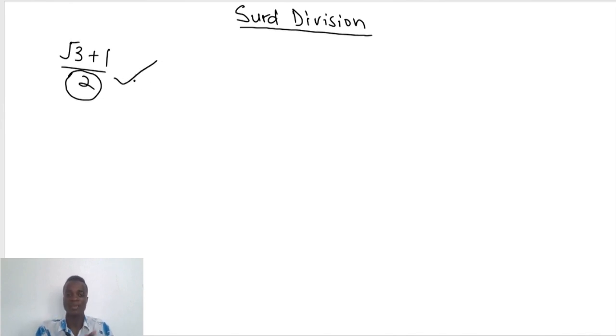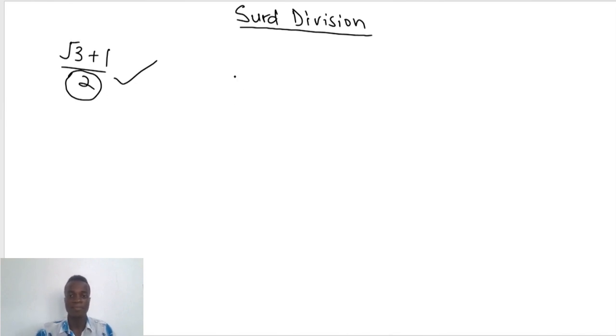We don't do anything much on this one. If there's any simplification that needs to be done, then we just do the normal simplification, addition, expansion, and subtraction at the numerator alone. We are not going to worry about the denominator simply because it is already a whole number, already a rational number.